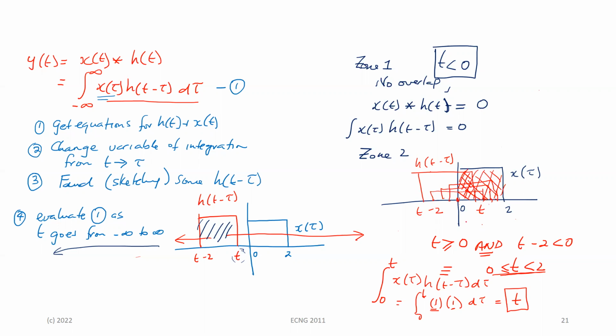So that whole overlap range covers t greater than or equal to 0 up until the point where the back of the pulse, which is t minus 2, hits 0. So it starts at t greater than or equal to 0 and ends when the back of the pulse reaches this point. In other words, the total zone of overlap is t less than 2 and t greater than or equal to 0, and the answer is that integral.